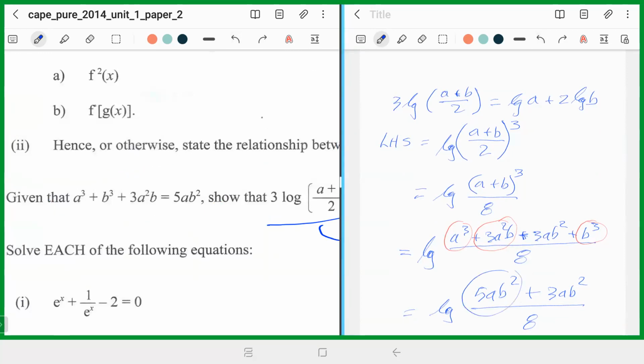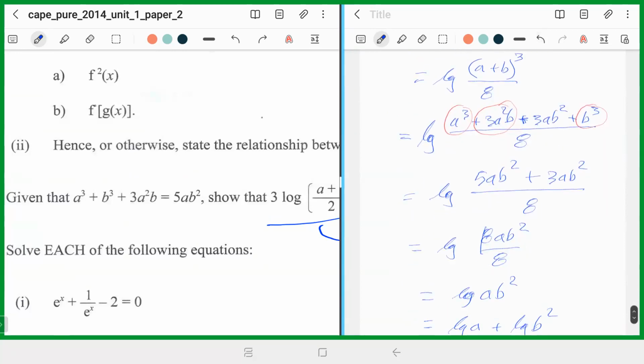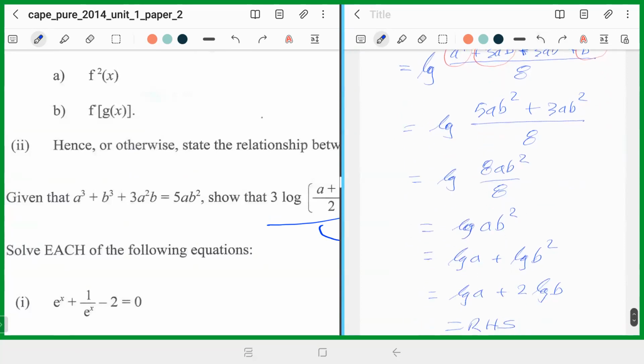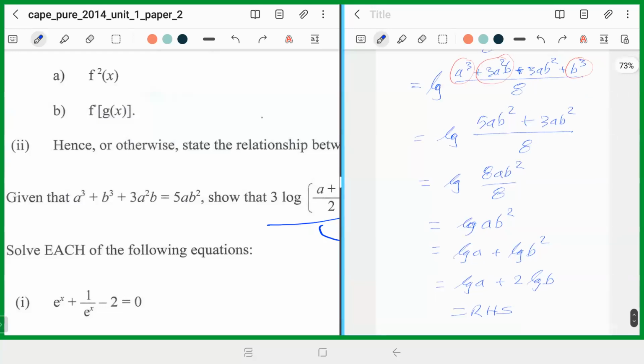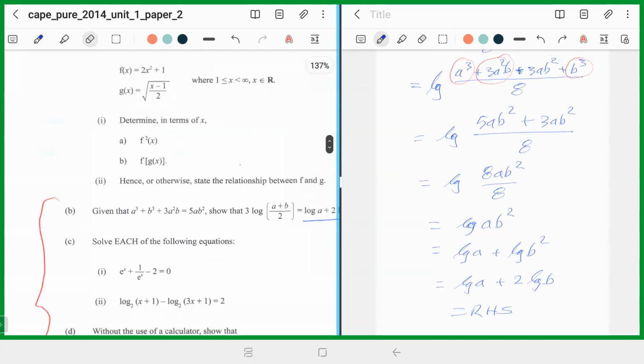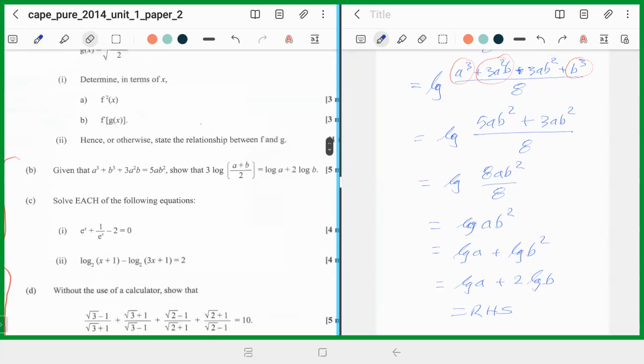And then the 5 and the 3 is 8. The next line, the 8 cancels, leaving the ab squared. And then I use the law of logs, open it up like that. Power 2 comes to the front right here. And then that is the right hand side. All right, that was on 13 paper. Easy stuff. Just need to practice.